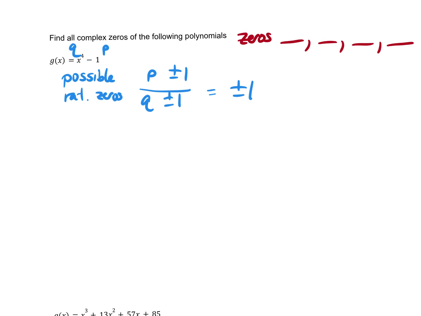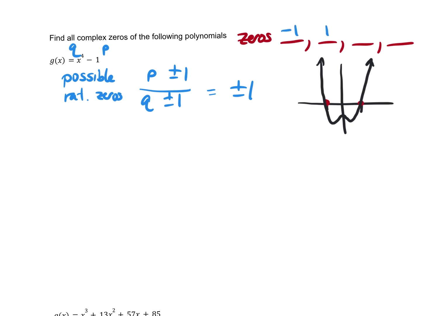So obviously what I'd like to do is graph this and see which of these works. So if you graph it, and I think you should graph it, then I get something that looks like this when I look at my graph. So this actually passes through both of those. So -1 is a valid 0, so is 1.